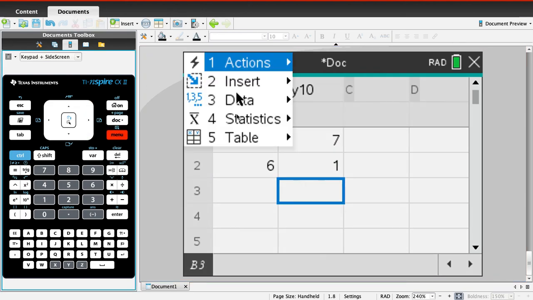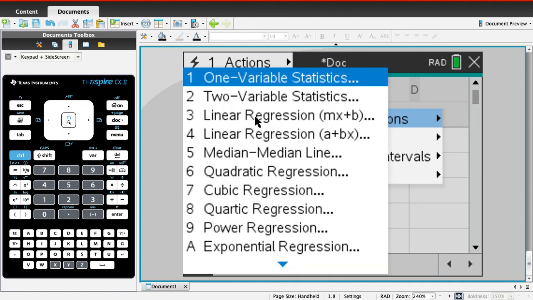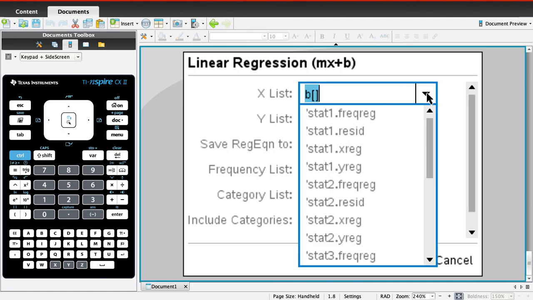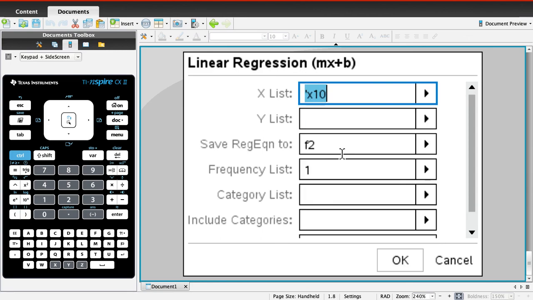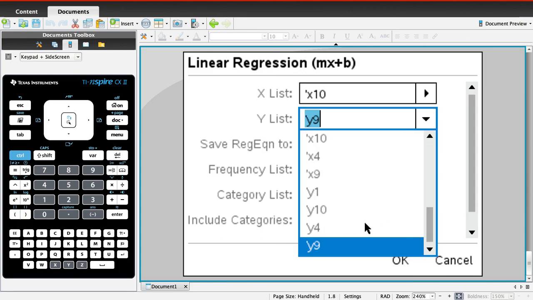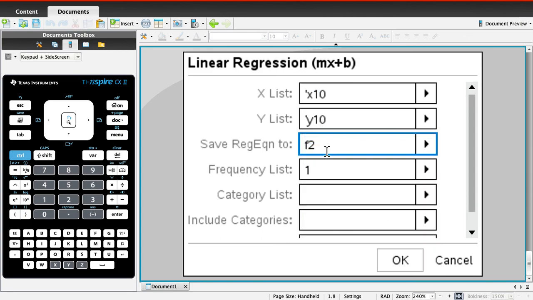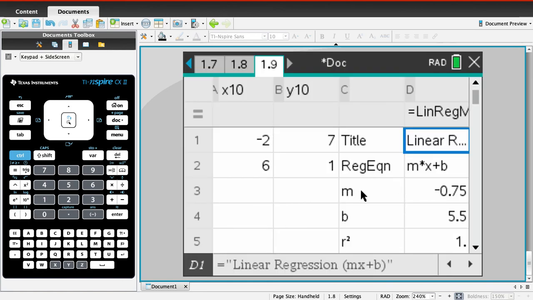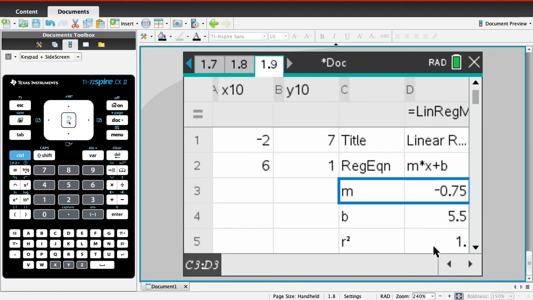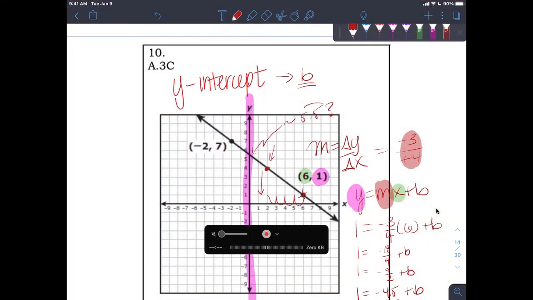Let's go ahead and run that linear regression. I'm going to select my x's from problem number 10, my y's from problem number 10, and I'm going to call this F10. I'm going to hit OK, noticing my slope is exactly the same, just like we calculated earlier, and that y-intercept is exactly the same that we calculated earlier as well. So we got this problem correct.